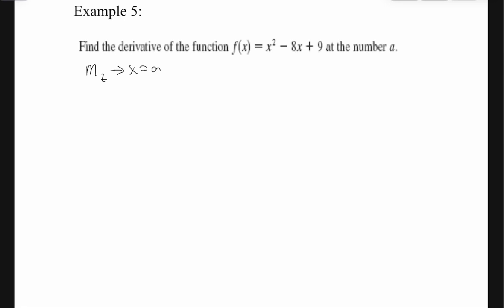So remember, the derivative is just our slope of our tangent at a, which is the limit as h approaches 0 of f of a plus h minus f of a all over h.